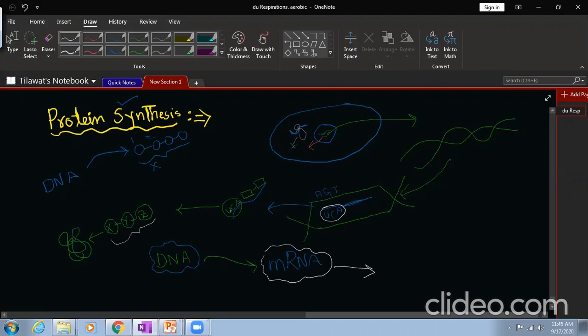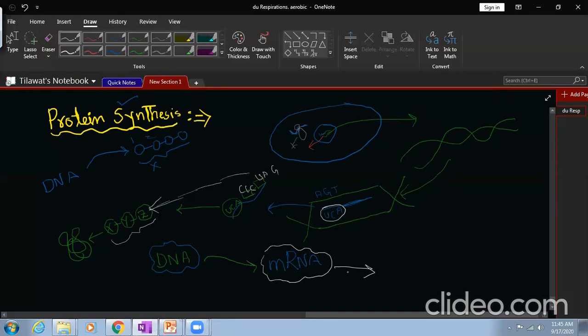So in this case, you see a code for G. Let's suppose here is another codon CCC, so that codes for X amino acid, and here is another codon UAG, for example, so that codes for Z amino acid. So for each amino acid there is a different codon, but we are not going into the names of those amino acids. Okay, here I just take it as a supposition. Suppose XYZ are amino acids.